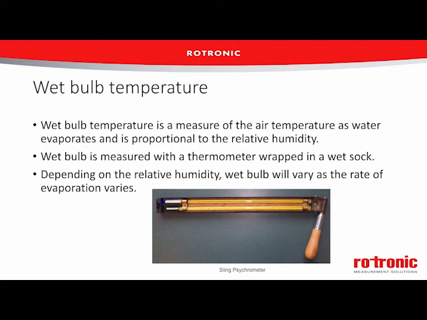One of the big challenges with this type of measurement is that it can be very inconsistent. If we're slinging the psychrometer around at different speeds, we're not able to get a consistent airflow over it. The evaporation rates can change. So that's one of the key considerations with wet bulb temperatures. Quite often we can get quite large errors in them.